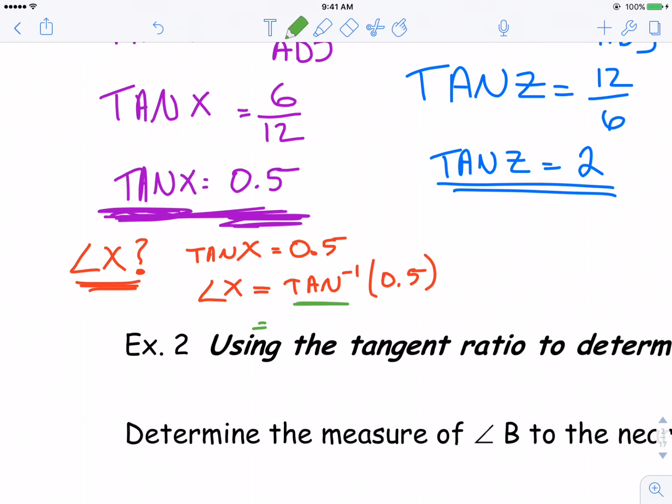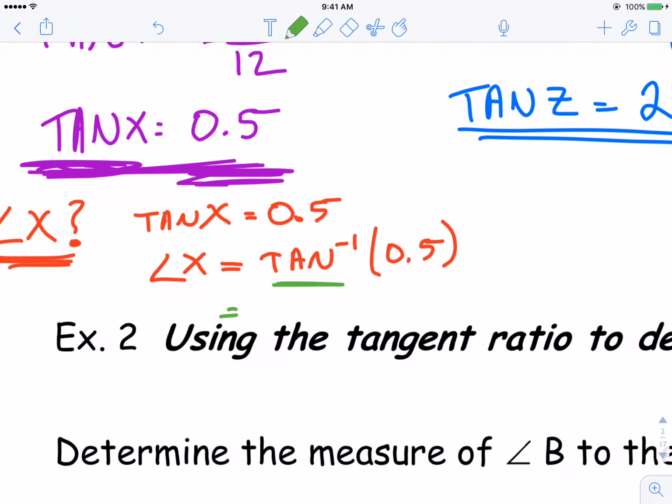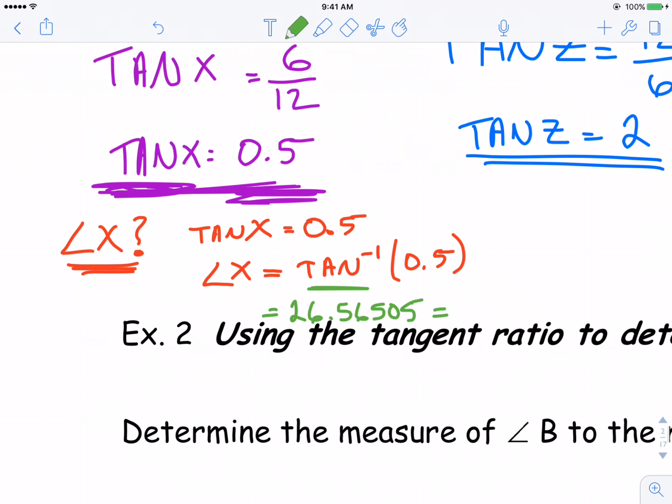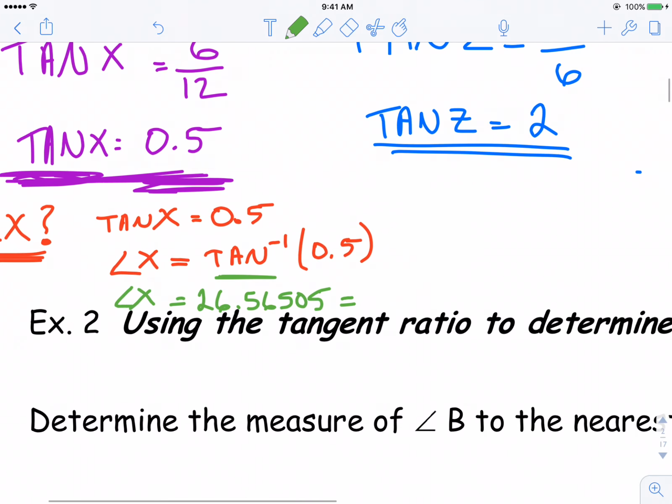Well, I got my phone calculator here. Let's see what I can do. Landscape, inverse function, second function, tangent to the minus 1 of 0.5: 26.56505. Now, angle measurements can be rounded to the nearest whole number unless it tells you otherwise.